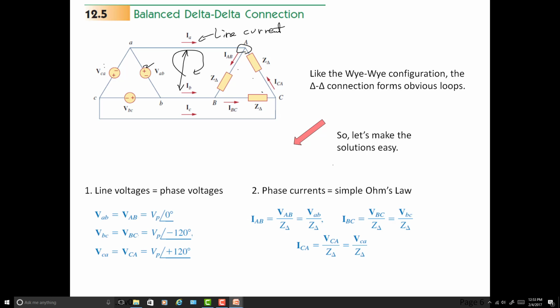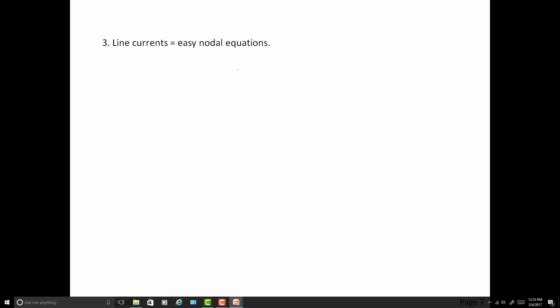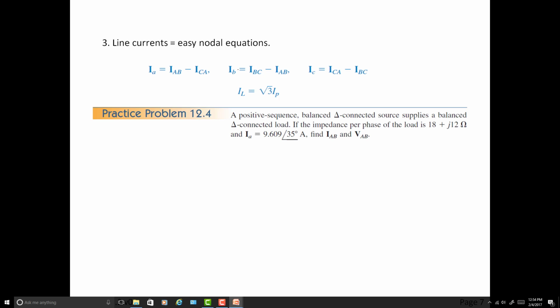In our usual way, we've actually been doing this. We actually did this in the previous problem when we had Y-delta, because we had a balanced delta load. The same thing is true if you want the other line currents. It's just the nodal equation related to each. And the line current is related to the phase current in the usual way by the square root of 3.